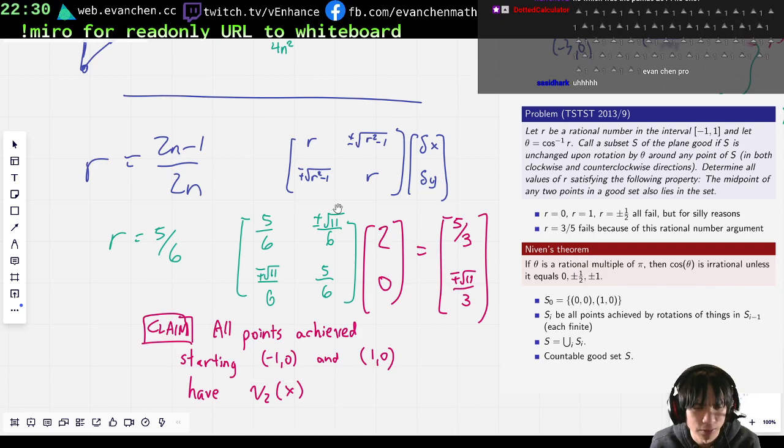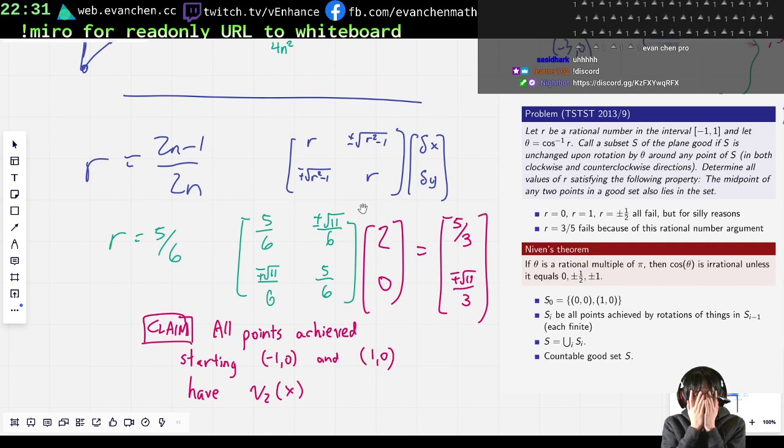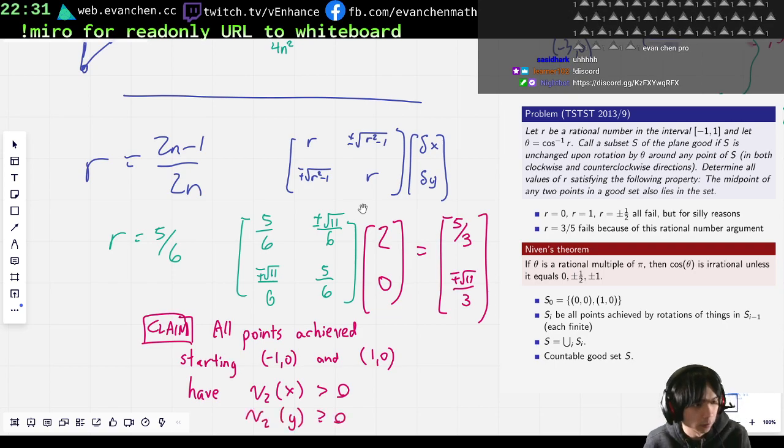That doesn't help. 0 has a, wait. No. v2 of x strictly greater than 0 is what I need. Odd numerator and denominator for this one, and even numerator and denominator. Just, okay.